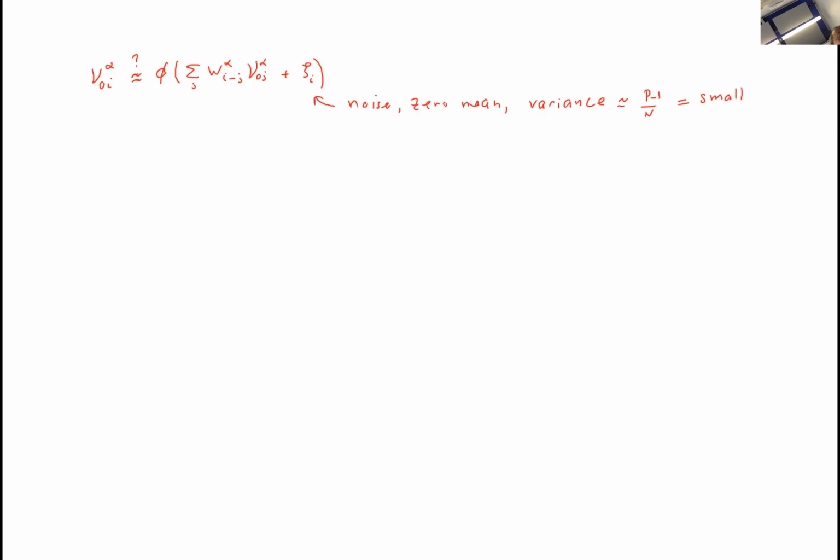And the question is, so what do we expect this to have? What would be the best news that could happen? Okay, so the best news is the best possible thing that can happen.